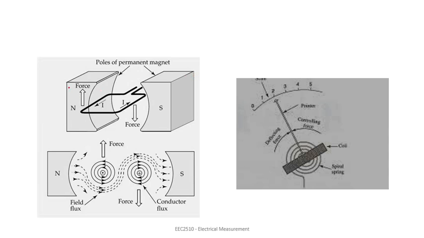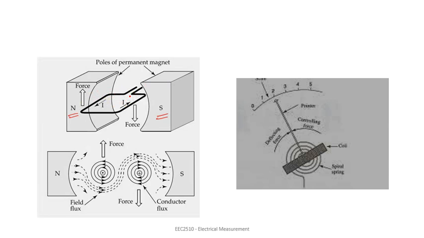You can see here that this is the permanent magnet, this is the north pole and this is the south pole, and this is a coil placed in between these two poles. So, when current flows in this moving coil, the current sets up a magnetic field that interacts with the field of the permanent magnet. There is the field of the permanent magnet also, and when the current flows, it will produce its own magnetic field.